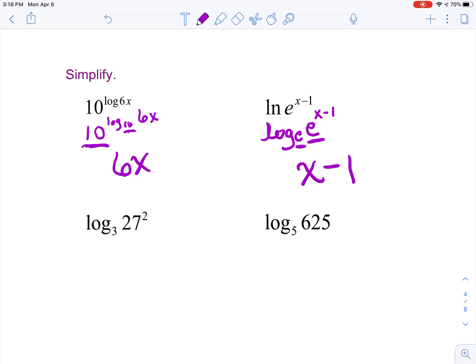We're going to do this problem using these properties. So we have log base 3 of 27 squared. Are my bases the same? And the answer is no. So what do we try to do? We try to make the bases the same.